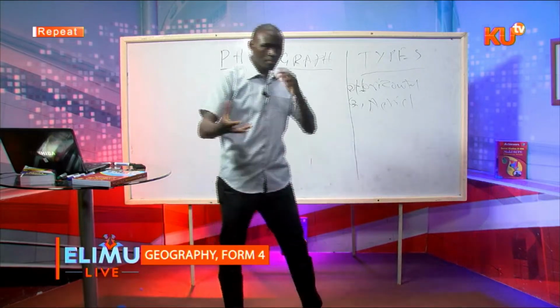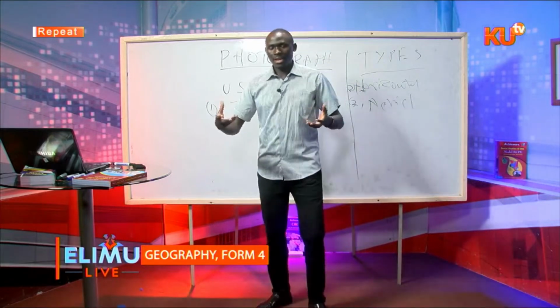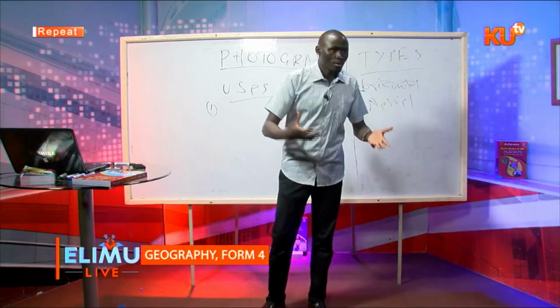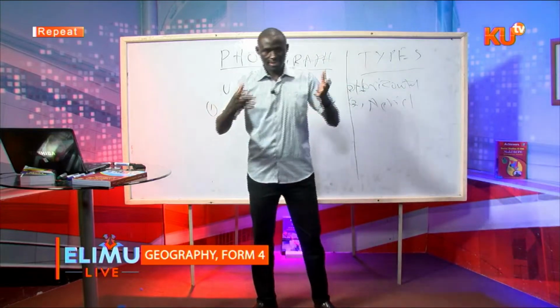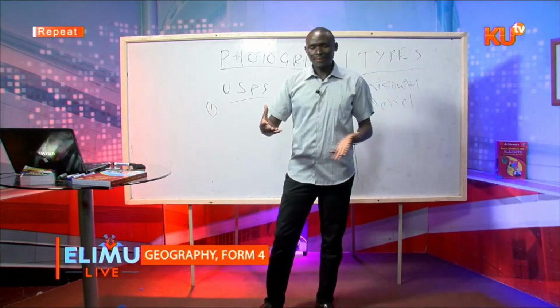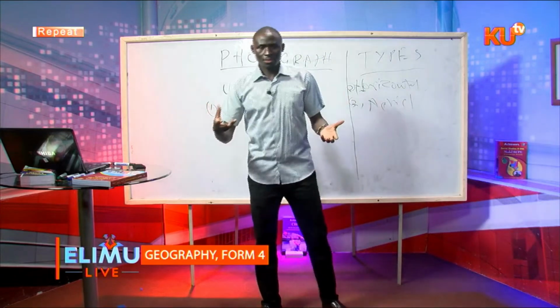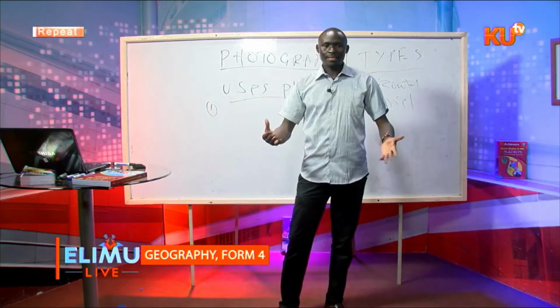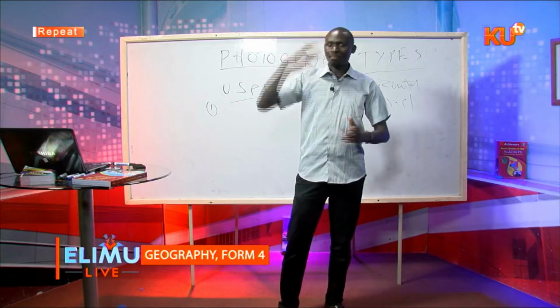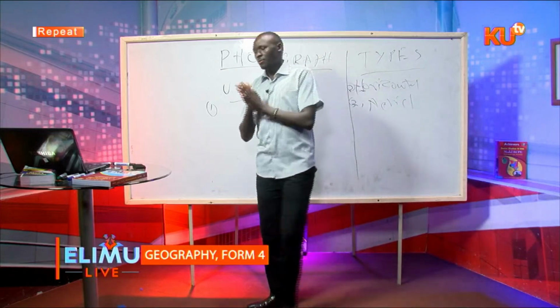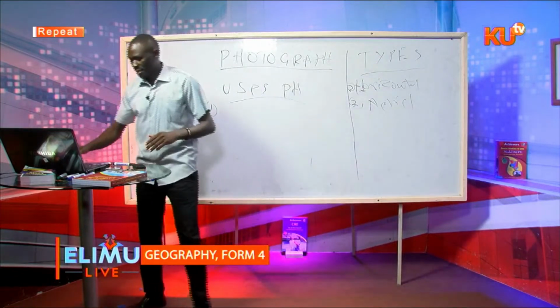Without special instruments. So the instruments that are involved in carrying out the aerial photographs. When this is taken, generally some instrumentation has to be employed on the ground and high above in order to capture the photographs.